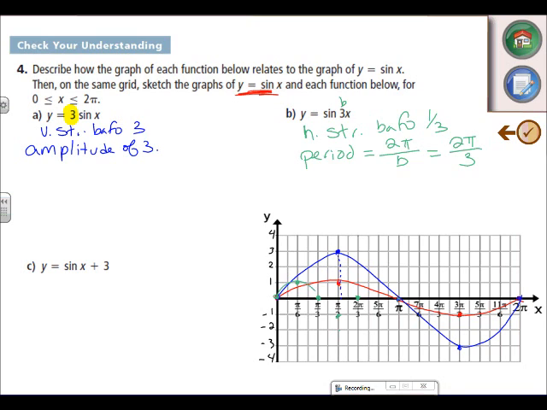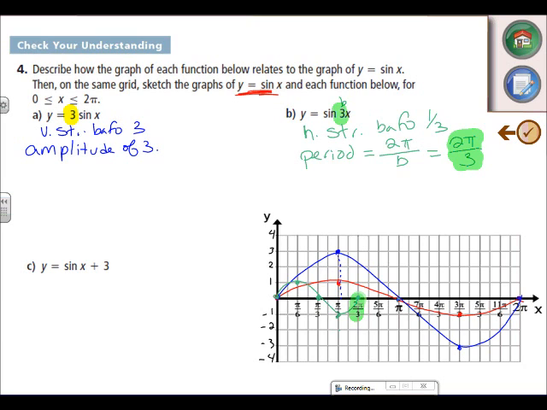So there's one cycle, one period, but I've still got to go all the way to 2 pi. So that means I'm actually going to have 3 cycles within there. And notice that the period is 2 pi over 3. I continue that pattern.